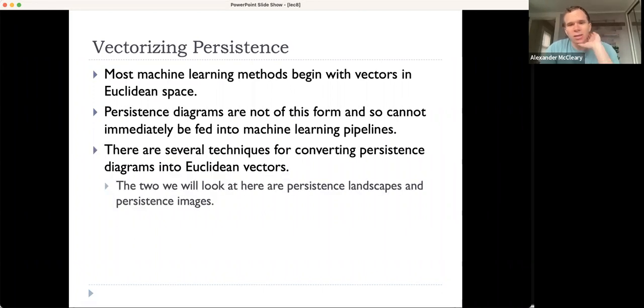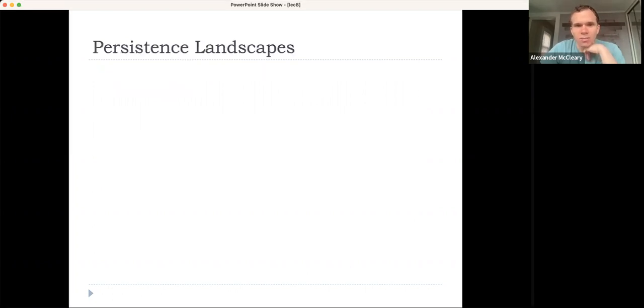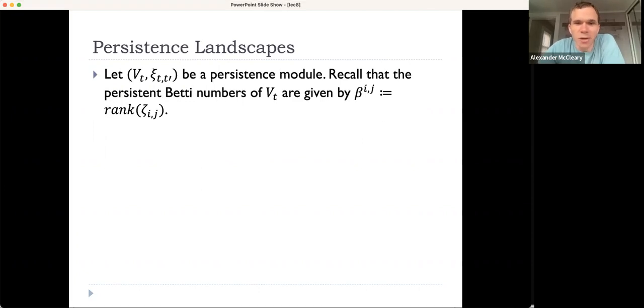There are a couple of techniques to accomplish this, and we're going to look at two in this video. The first one is persistence landscapes, and the second one is persistence images. For persistence landscapes, we're going to start with a persistence module. Remember, if we have a persistence module, its persistent Betti numbers are given by taking the rank of the maps between the vector spaces.